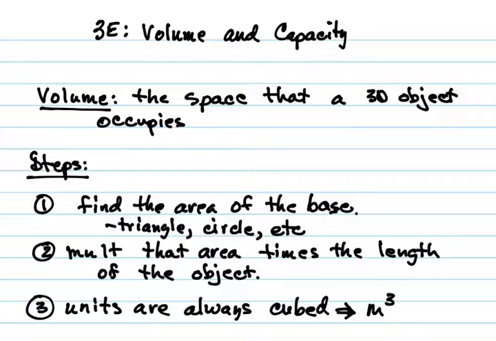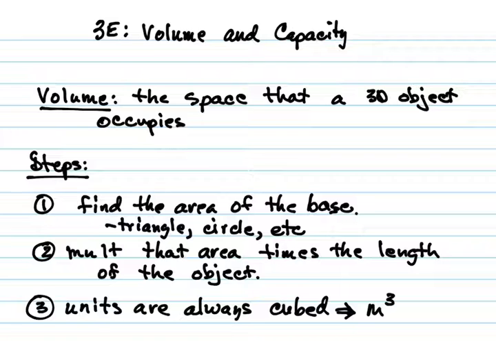But be careful with these. Make sure you're using the units that they ask you to. So we're simply going to find the area of the base, and that can be any recognizable shape. Multiply that times the length of the object, and make sure that you round properly and that you use the appropriate units. Now, on some of these, when you've done the volume, then you're done.